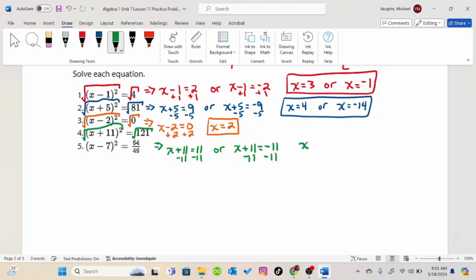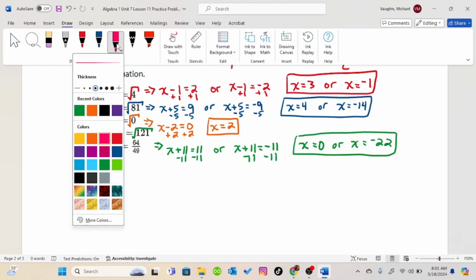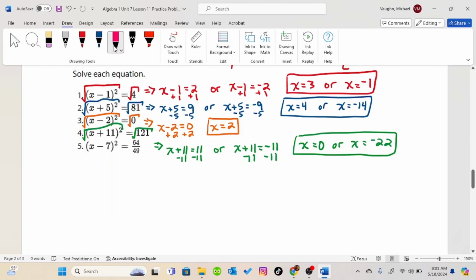And we find out that x is either 0 or x is negative 22. So again, because we have square root of 121 being positive 11 and negative 11, we're going to have two answers. So we have two x-intercepts.